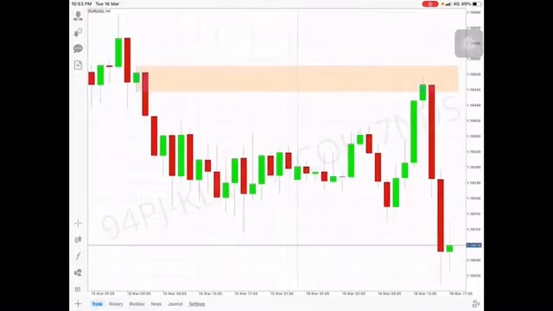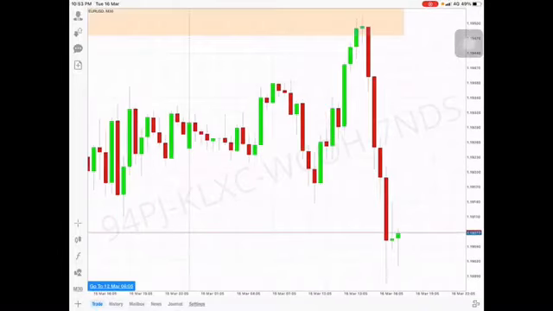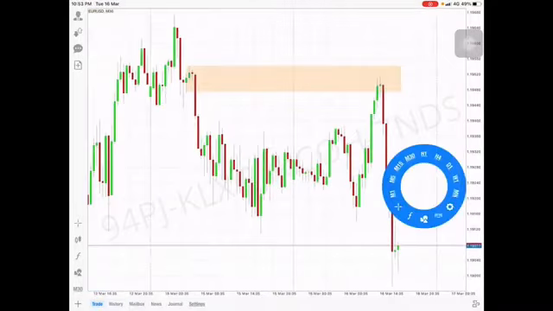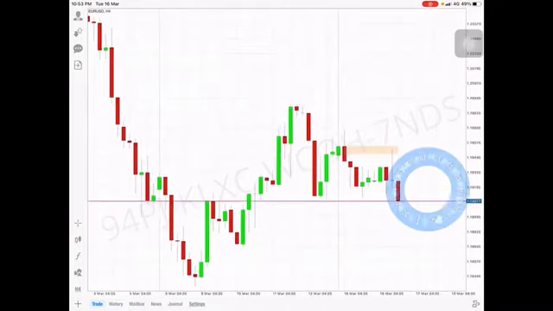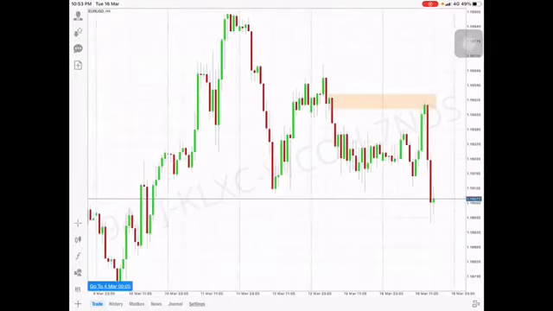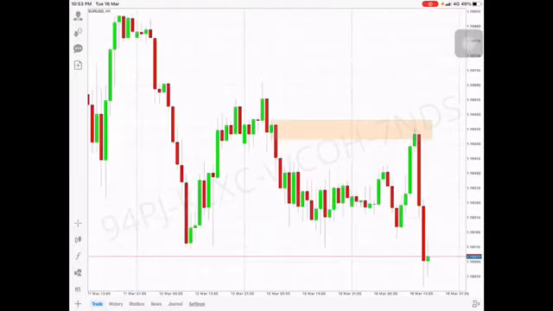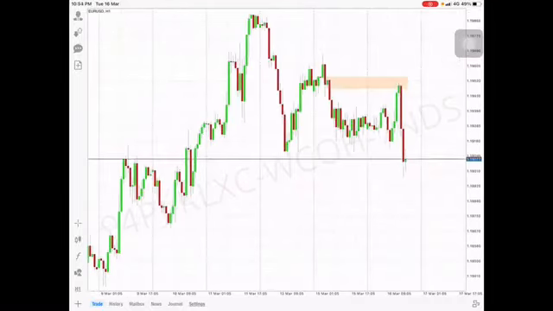Let's say on H4, because this setup comes from H1, we have the nearest. This is our CMP, our current price. Now look here, we have a DOM.